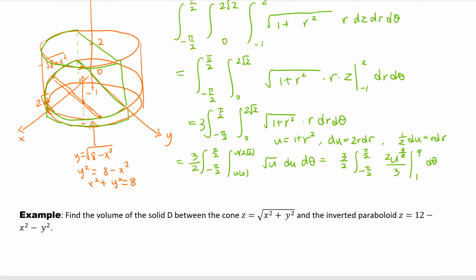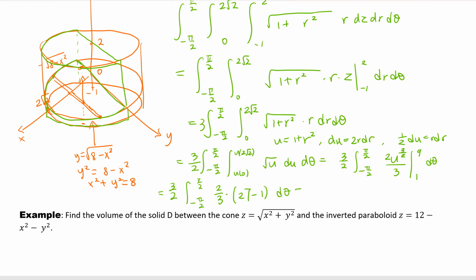And d theta. Okay. So we have 2 over 3, and then we plug in 9. Square root of 9 is 3. 3 cubed is 27. Minus, when we plug in 1, is 1.